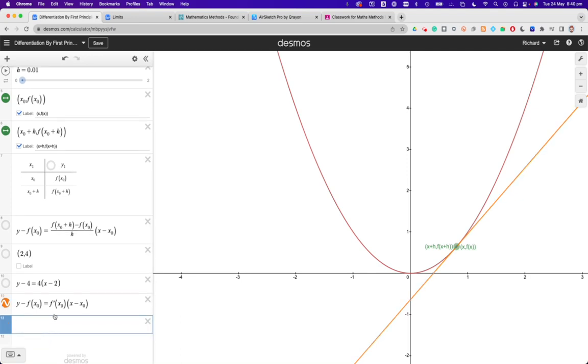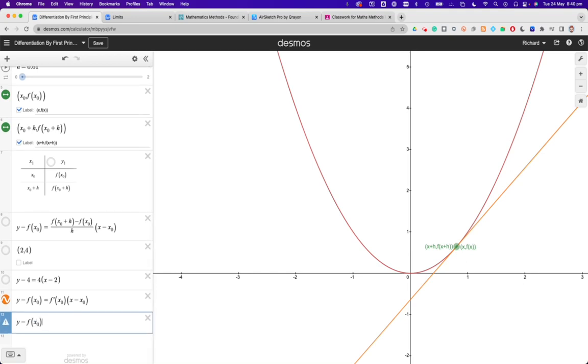P.S. If I just do this, it should work. y minus f of x0 equals 2 times x0 outside of x minus x0.